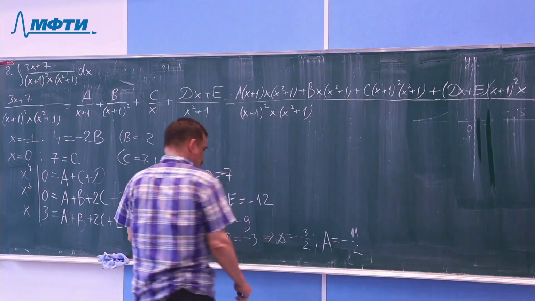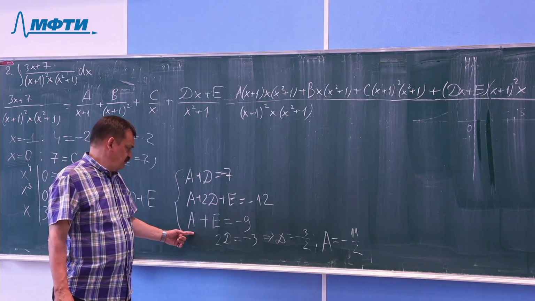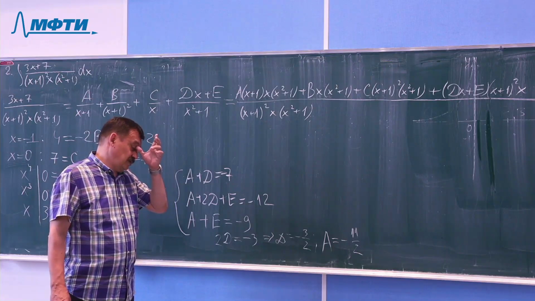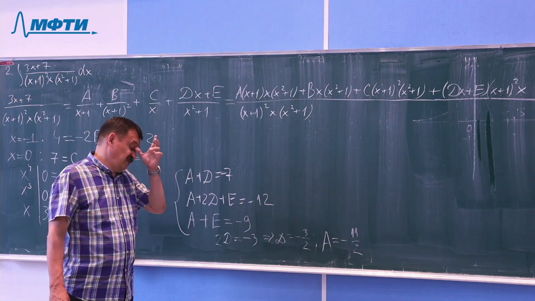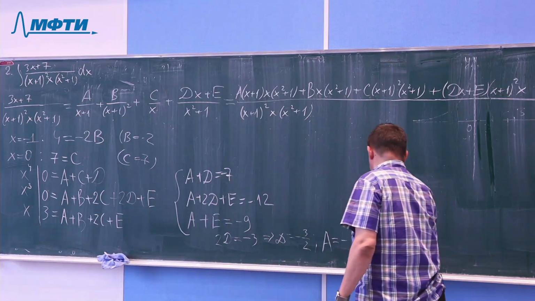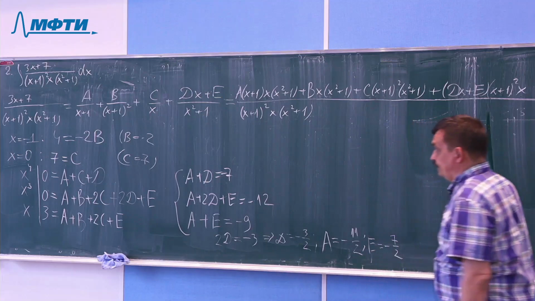And substituting into the last, we have 11 over 2 minus 11 minus 18, minus 7 over 2. e is equal to minus 7 over 2.